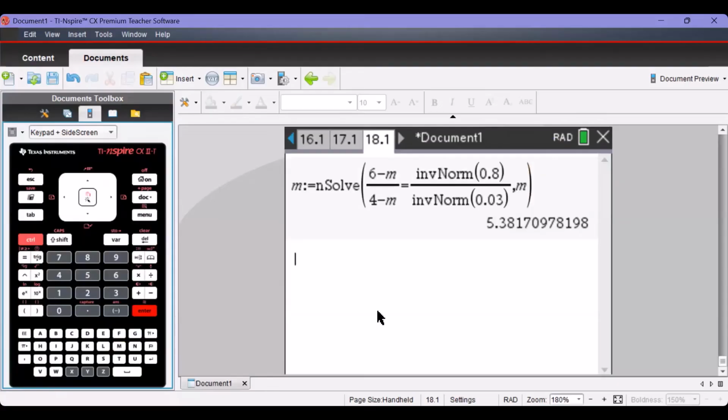Now we're going to do something similar to find sigma, which I'm going to call s, and I'm going to use the equation 1.